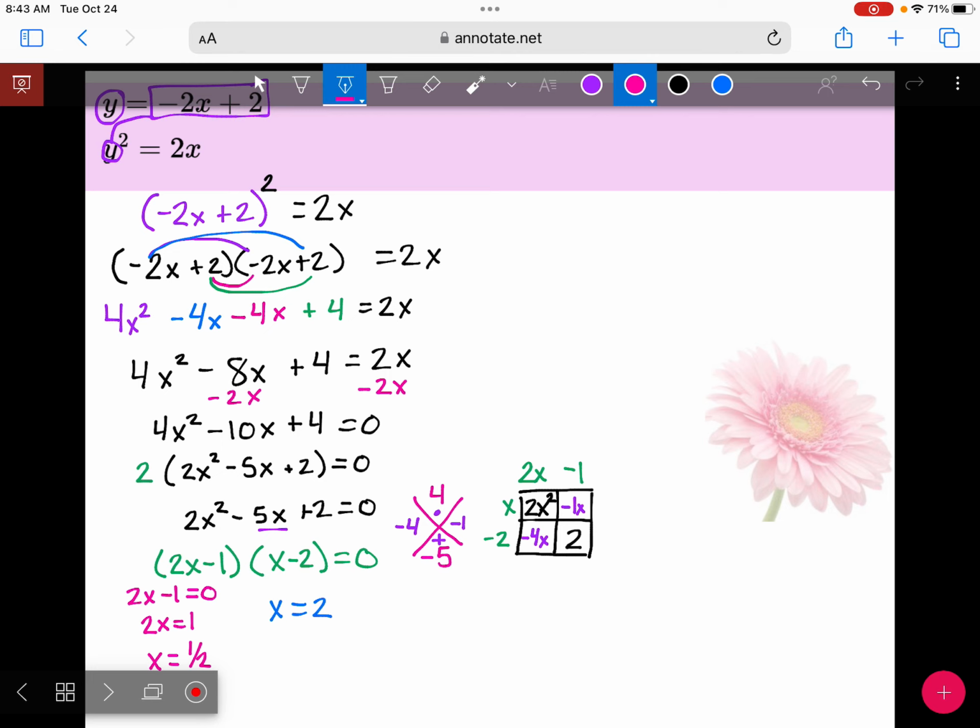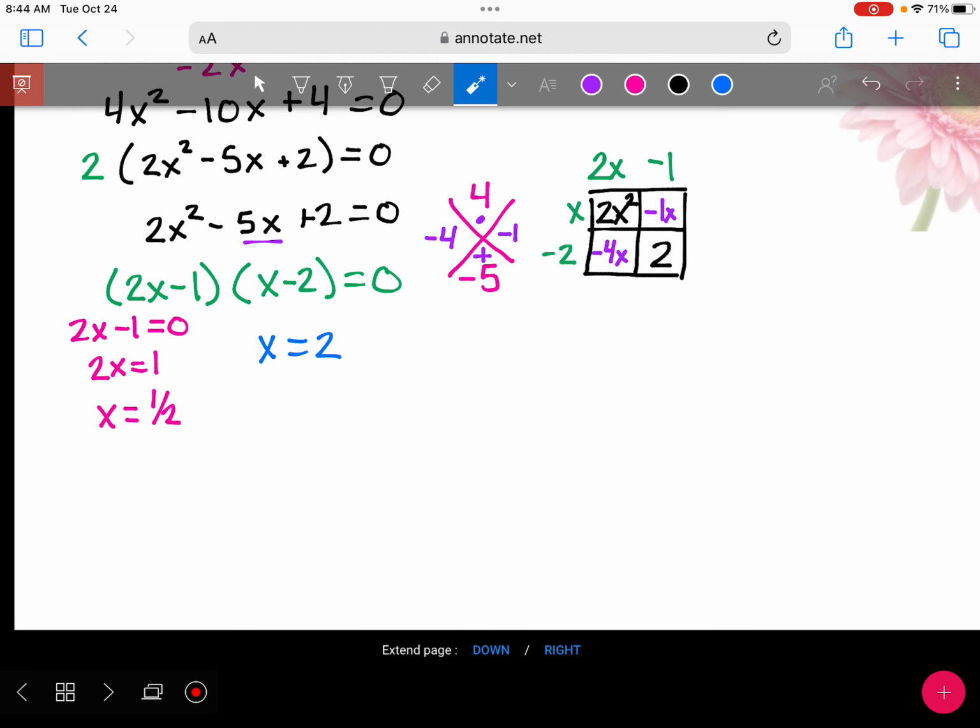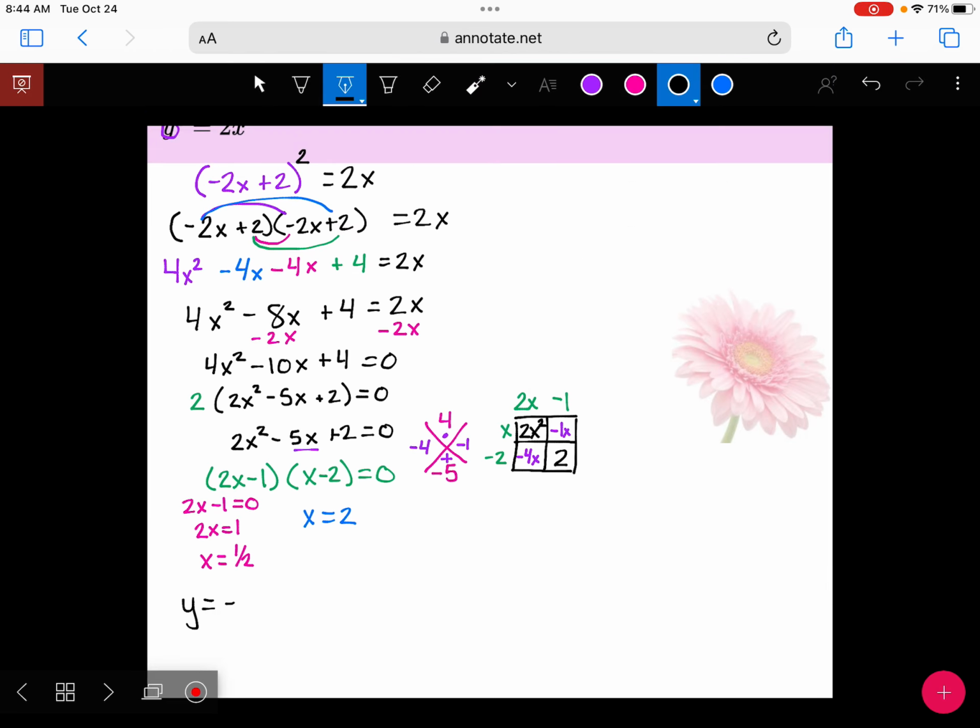Like I said, this one is the grossest. So we're going to come back up to the top, and we are going to pick an equation to substitute our values into. You can use the bottom one, but then we're going to have square roots and plus and minuses and gross things. So I'm going to go ahead and use the top one, and I strongly encourage you to do so. So we're going to have our y equals minus 2x plus 2.